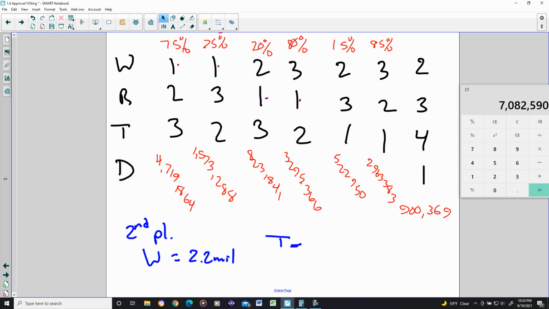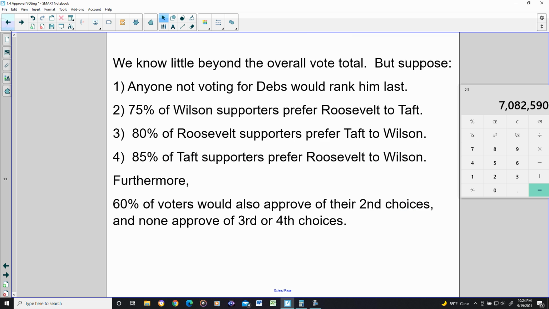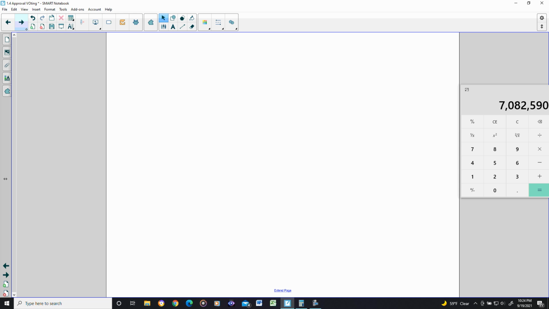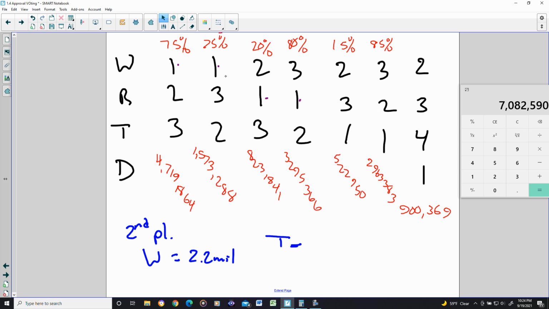So he's got, am I looking at this table correctly? 80% preferred Taft to Wilson. Okay, right. Let's look at Taft.